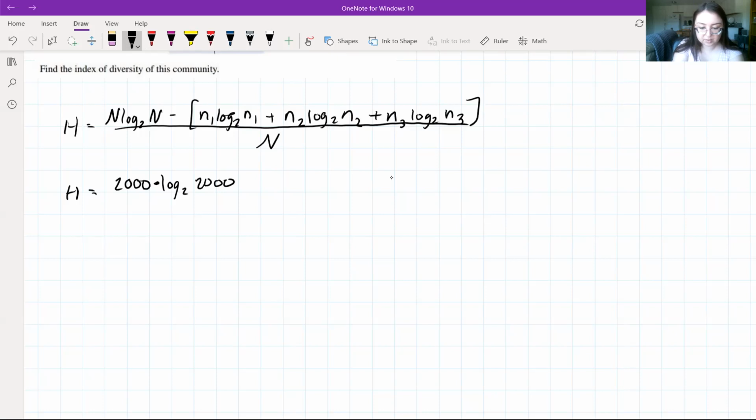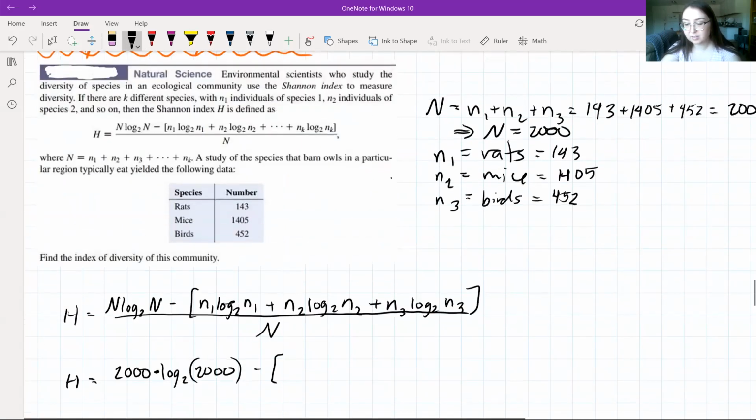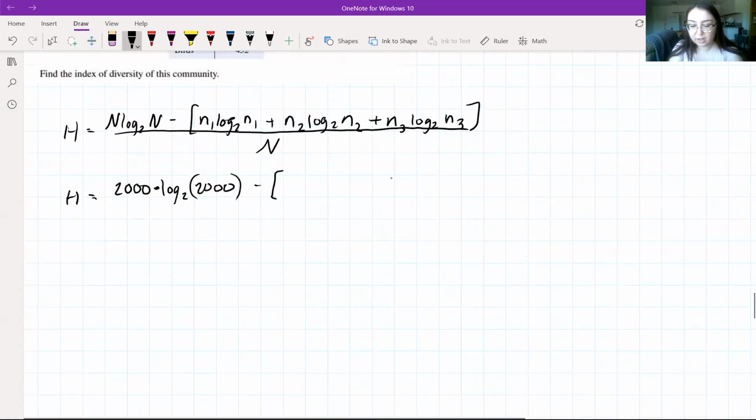Now I'm going to start using parentheses, since it's going to get a little confusing. So we have that value, and now we're subtracting n sub 1 times log base 2 of n sub 1. N sub 1 is 143, so we'll have 143 times log base 2 of 143.